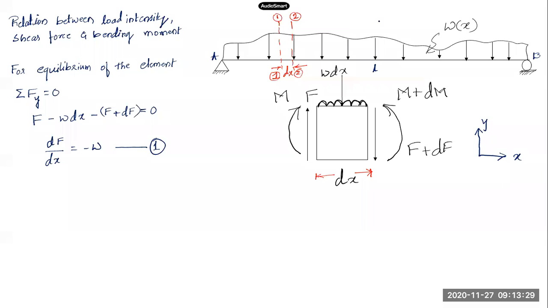So with that, I went for considering two sections within the span of the beam, section 1 and section 2, at a distance dx apart. The distance between these two sections is dx.